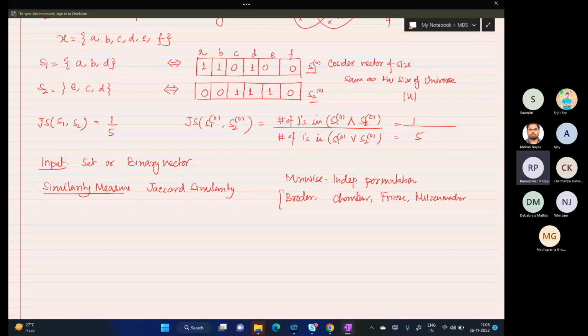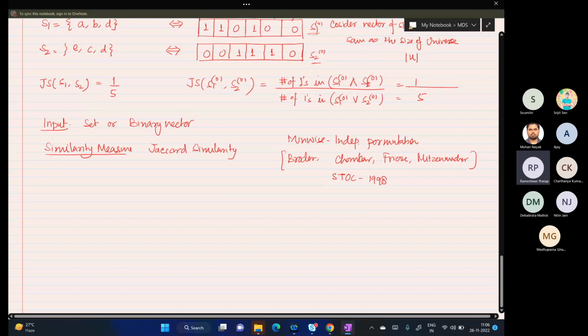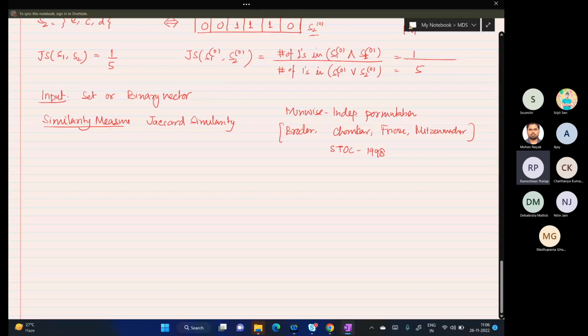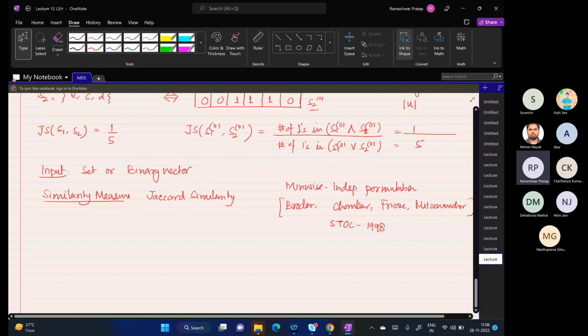I think it appeared in STOC, a very reputed conference in theoretical computer science. This algorithm is also used quite a lot in practice. First we'll see the algorithm and try to understand it via one example. Okay, let's see if it works.